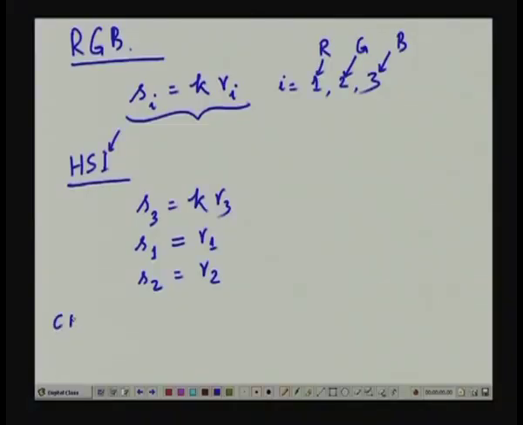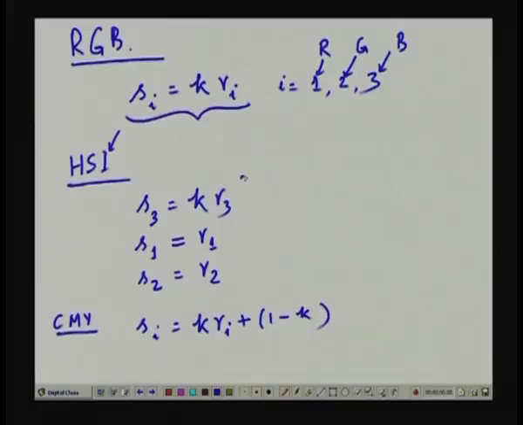The similar such operation if we perform in CMY space, then the equivalent operation in CMY space will be given by S i is equal to the constant k times R i plus 1 minus k, and this has to be done for all the i, that is all the C, M and Y planes.